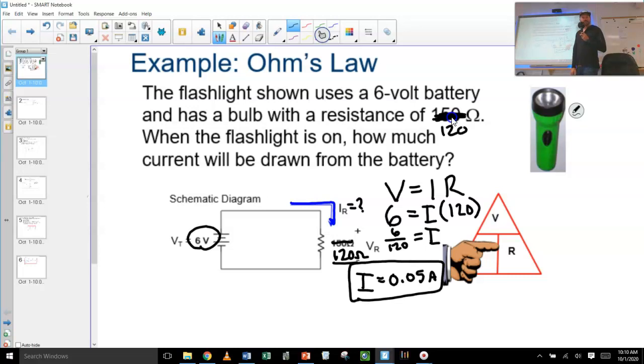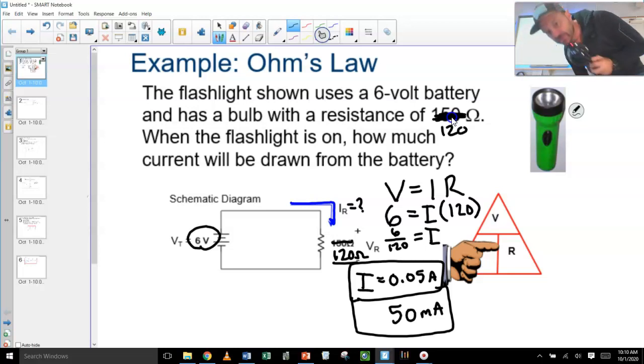That's how much current is flowing. Now, card-carrying ballers of physics will say 50 milliamps. So you move that decimal point 3 places, and this is the exact same thing. You don't have to do that, but just know that 50 milliamps is the exact same thing as 0.05 amps.